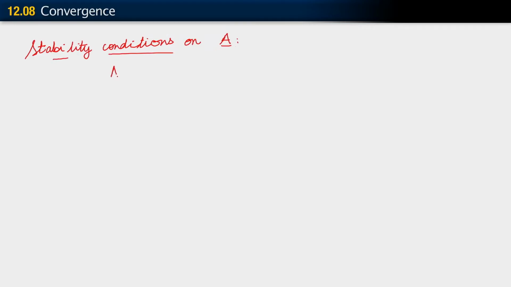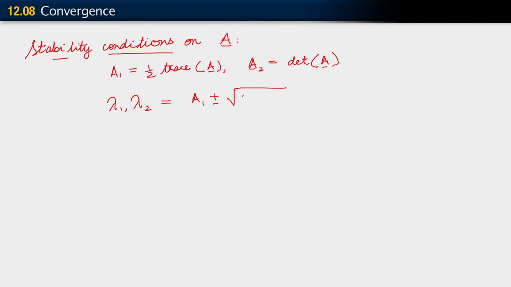In particular, if A1 equals 1/2 of the trace of A, and A2 equals the determinant of A, what we found was that the conditions are based upon lambda 1, lambda 2 equals A1 plus or minus the square root of A1 squared minus A2.